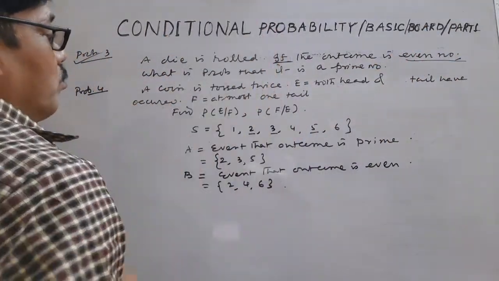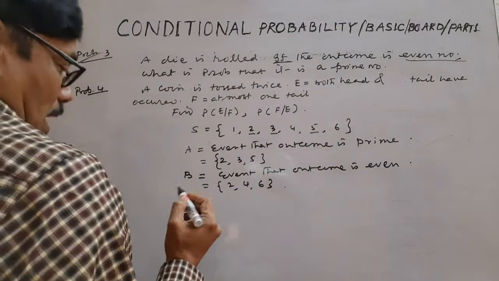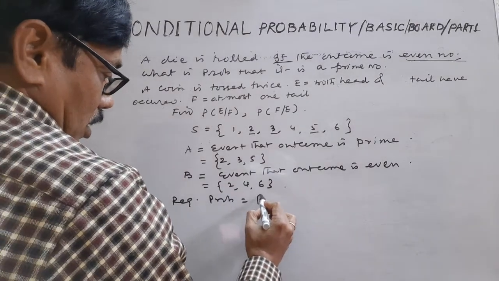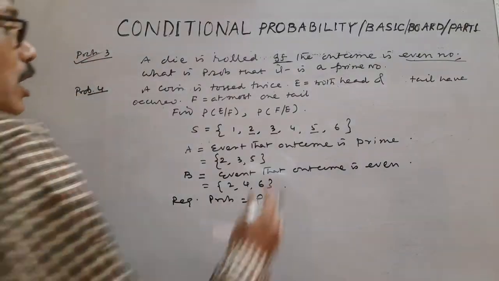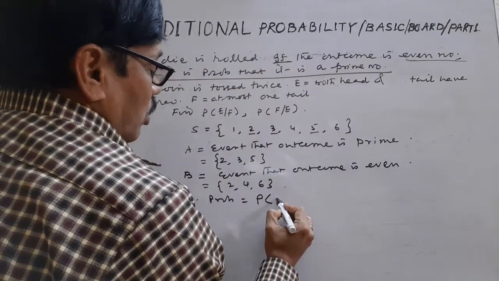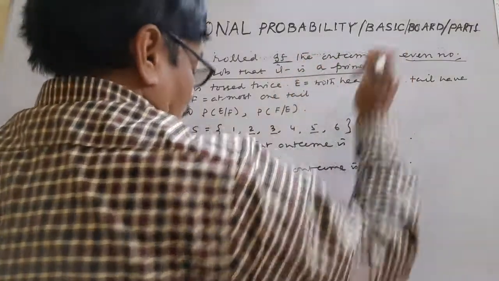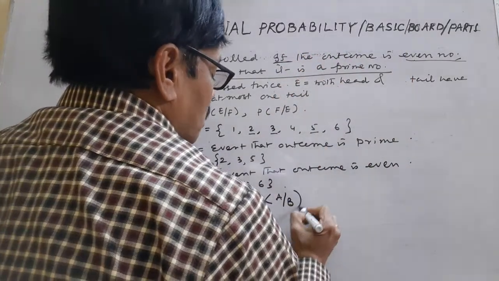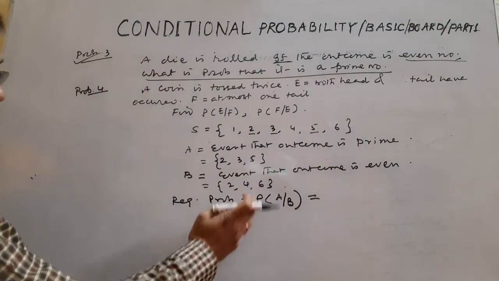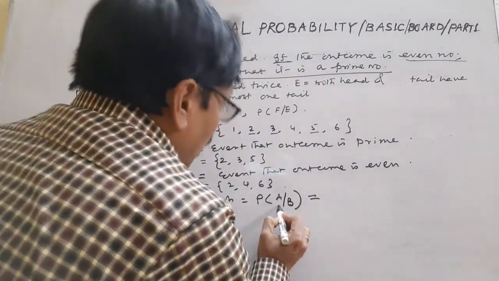You have to find the probability that it is also a prime number. So look, what is the probability that it is a prime number? A is taken as prime number, and it is given that the outcome is an even number. So the required probability is P(A by B).